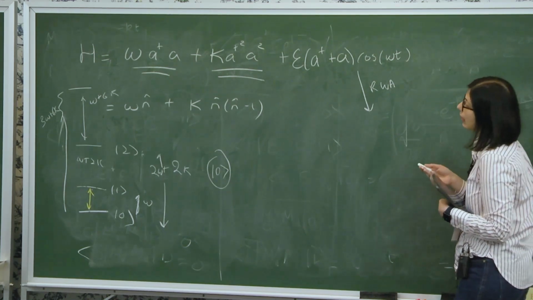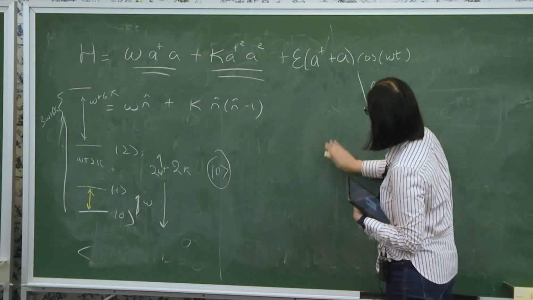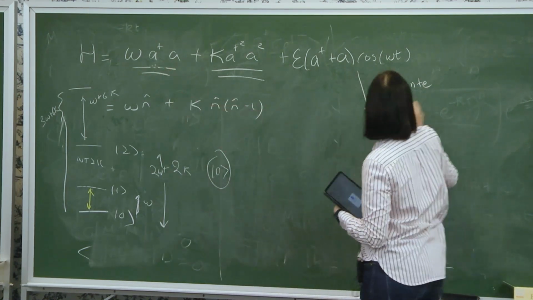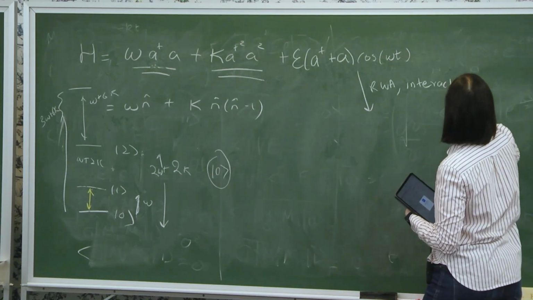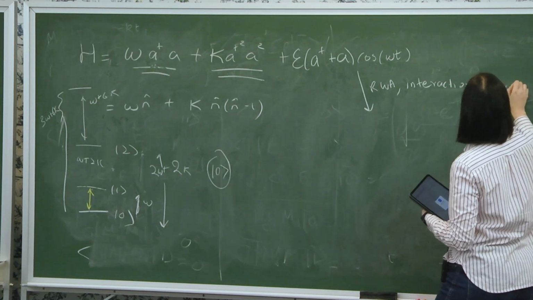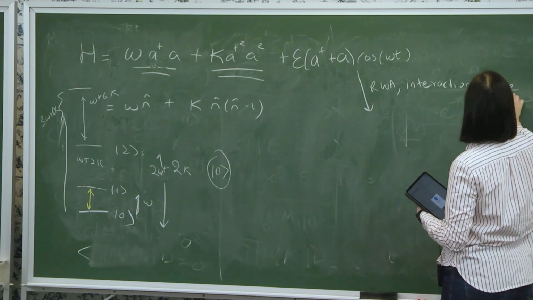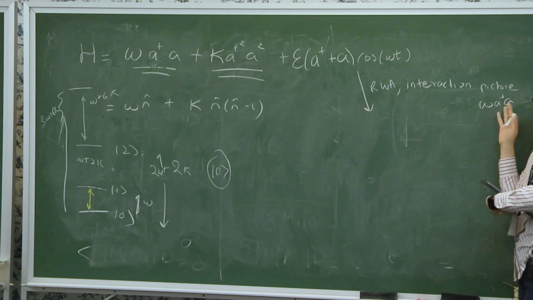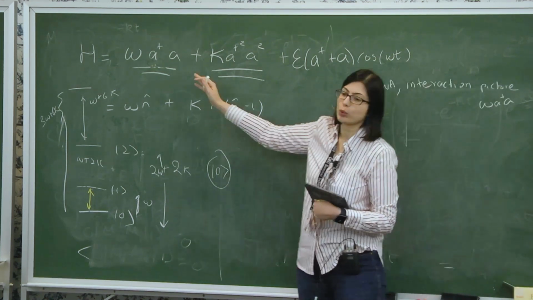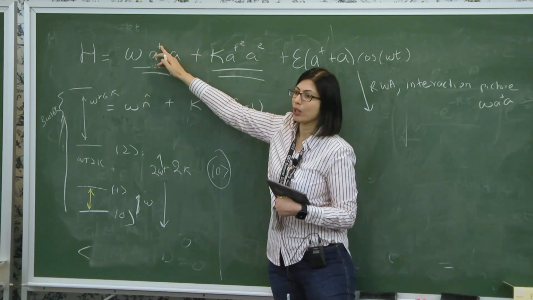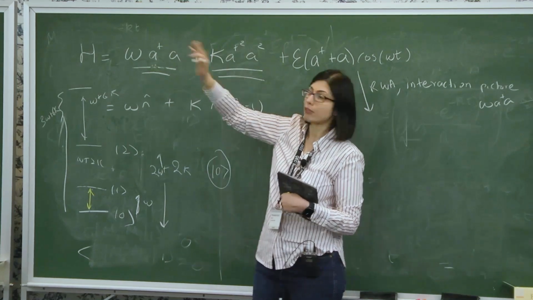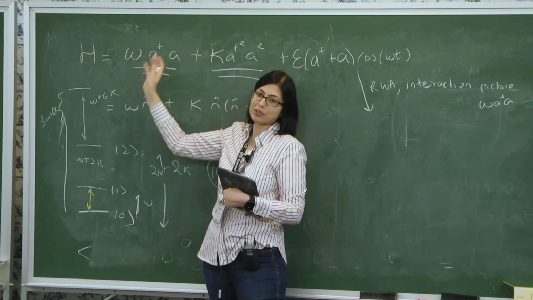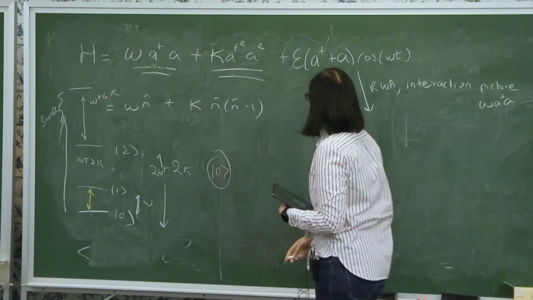Once you do that, you work in the interaction picture of omega a dagger a. Sometimes instead of saying interaction picture of the omega a dagger a term, you can just say you work in the rotating frame, rotating at the frequency omega, which means you are factoring out the effect of this term over here.